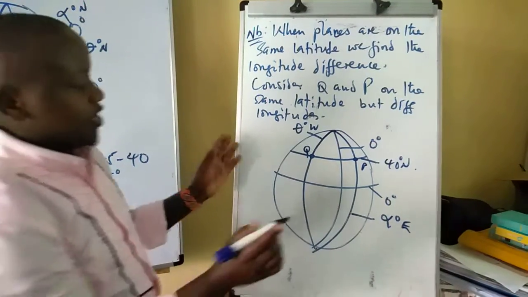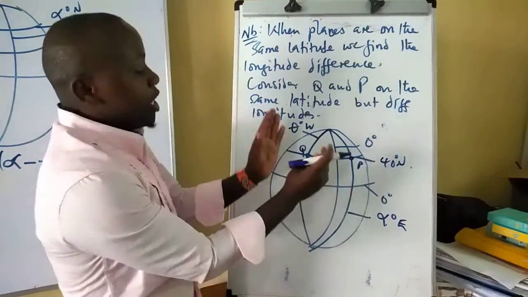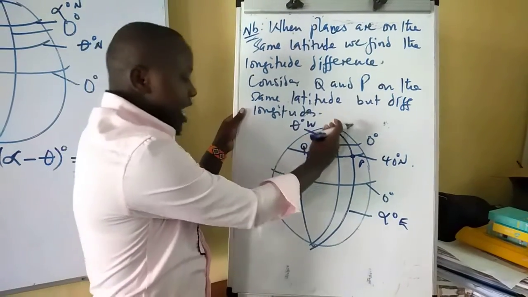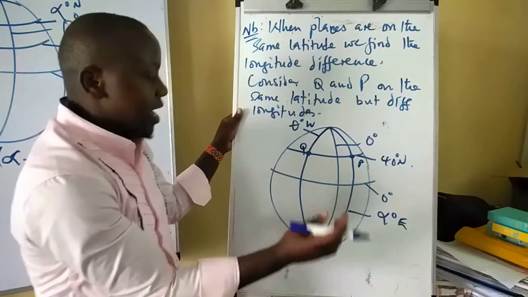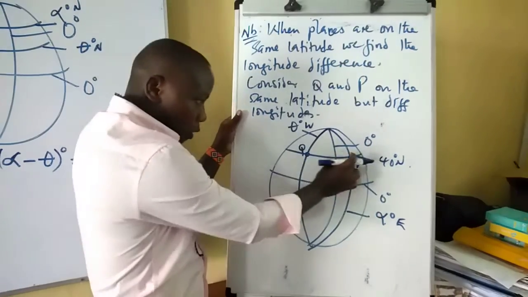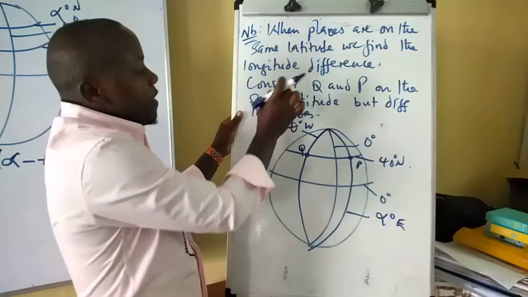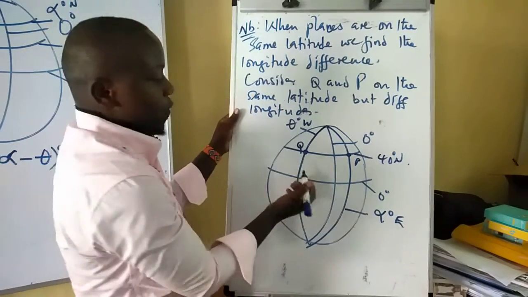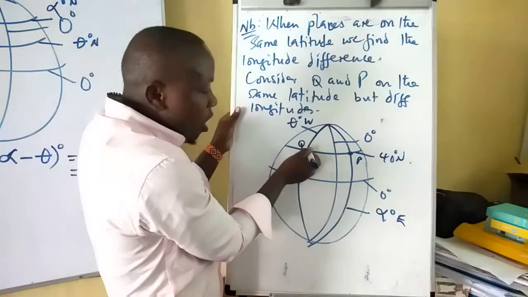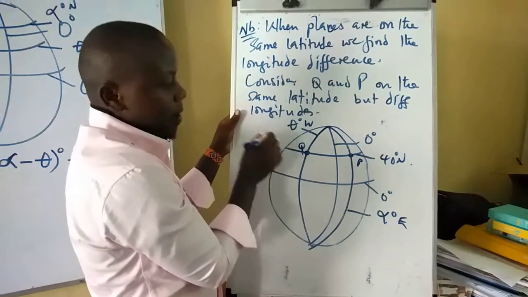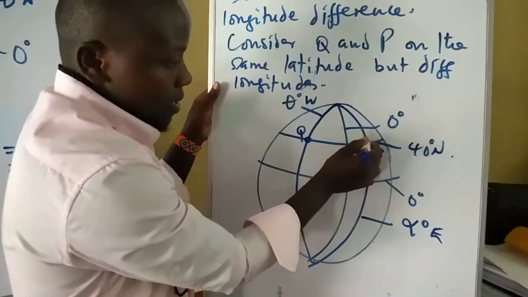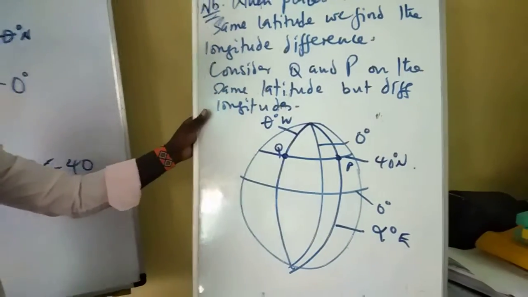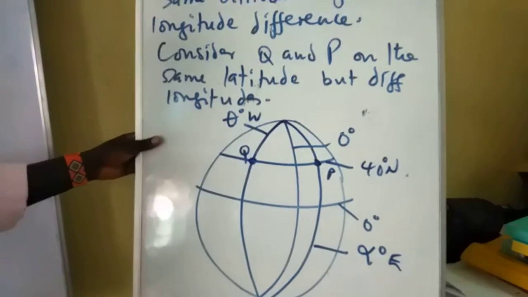For us to get the difference between Q and P, because the prime meridian is in between them, the longitude difference is the angle where Q is plus the longitude where P is.